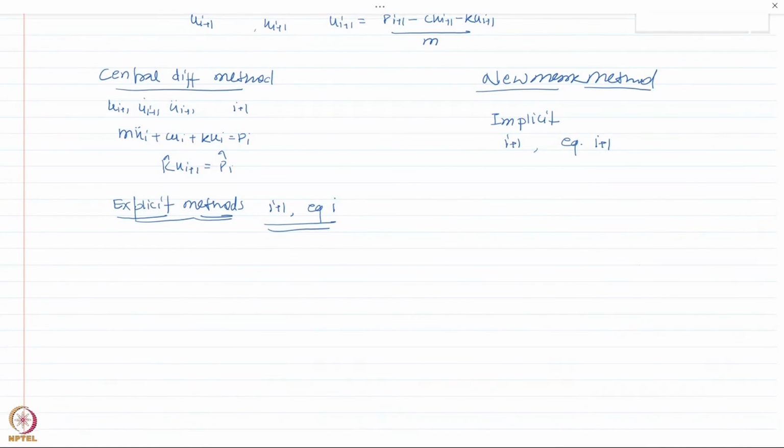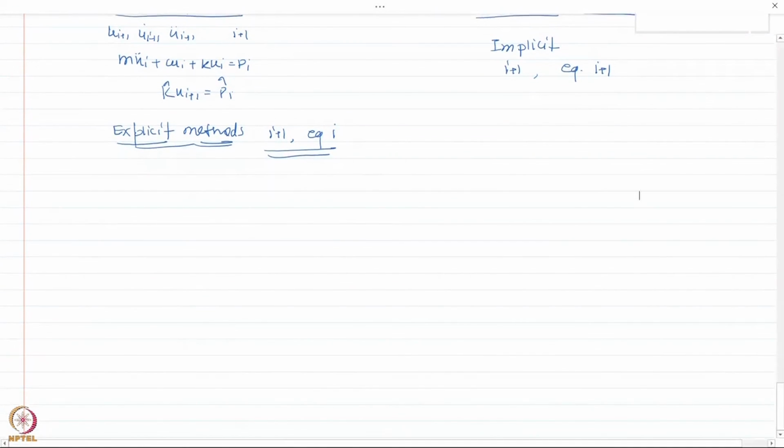Now we saw that for a central difference method, the criterion for stability was delta t by Tn should be less than 1 by pi. Now for Newmark method, again a similar procedure can be followed that was followed to determine this, which we did not discuss. It can be discussed considering the stress propagation theory.